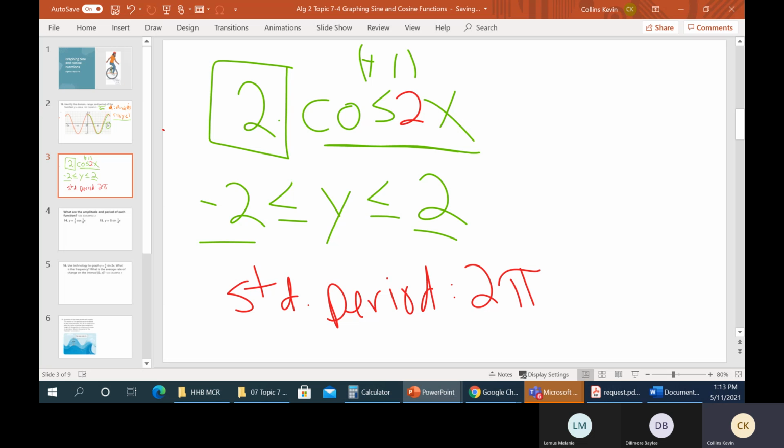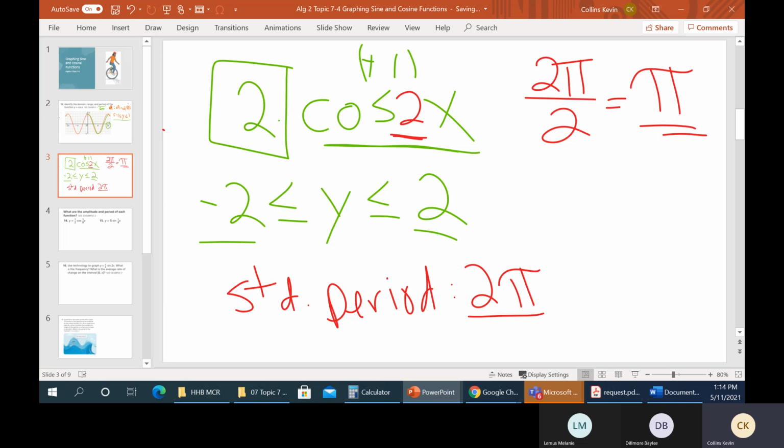But if you double it up like this, you take your standard period, 2 pi, and divide it by 2. So 2 pi divided by 2 is just pi. So twice the speed, half the time. Regular speed, it takes 2 pi to get there. Double the speed, it takes pi to get there.